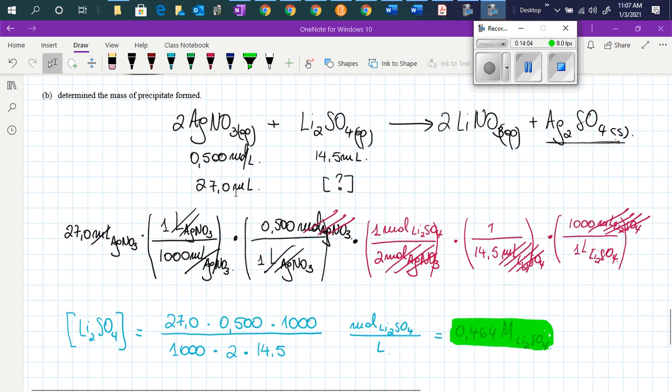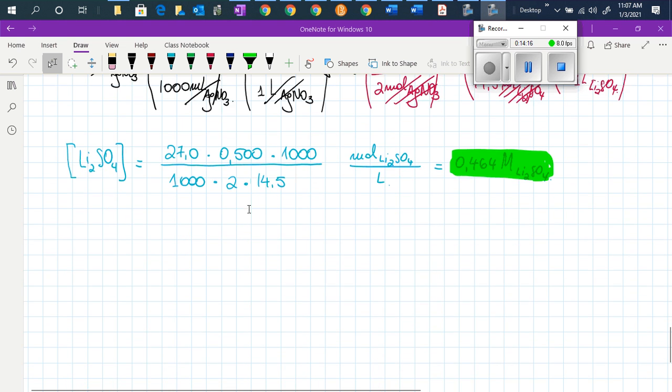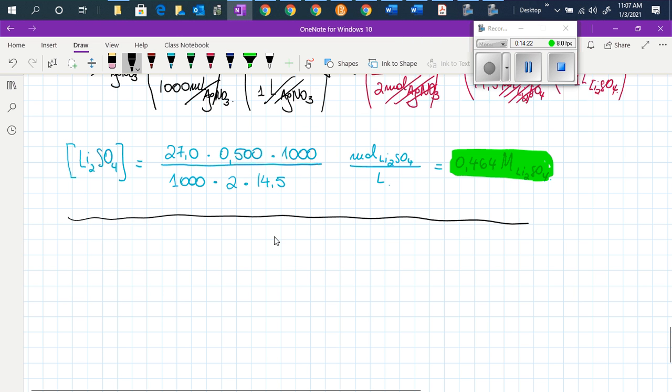In other words, which one, silver nitrate or lithium sulfate, is the excess or limiting reactant. So in order to figure out which one is the limiting or excess reactant, the best way is to do stoich.